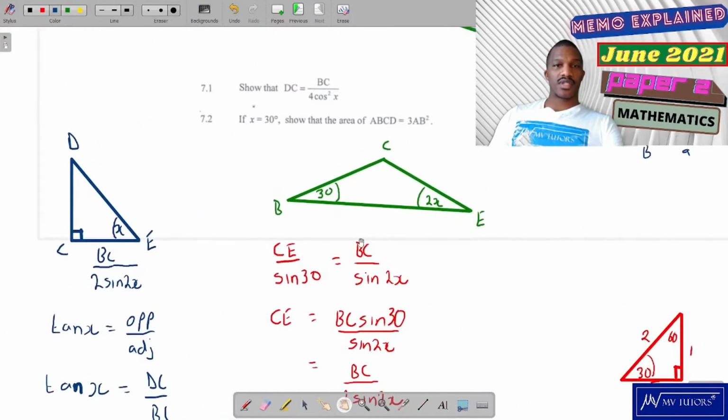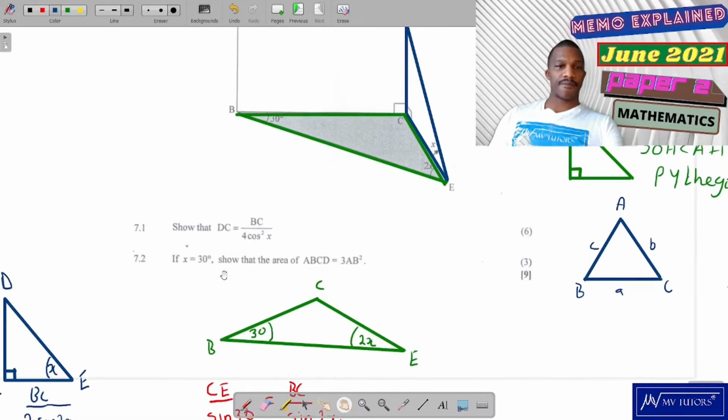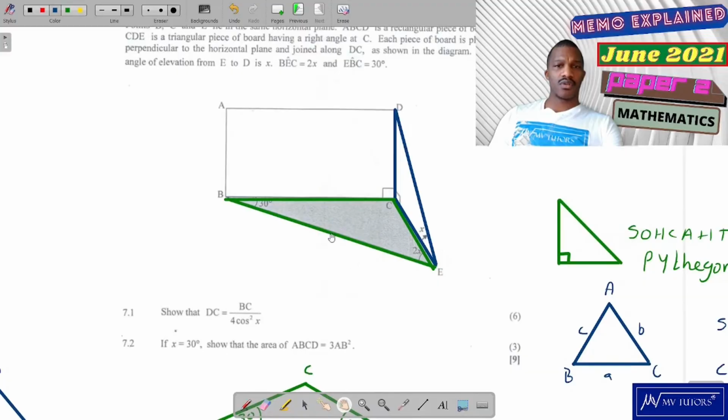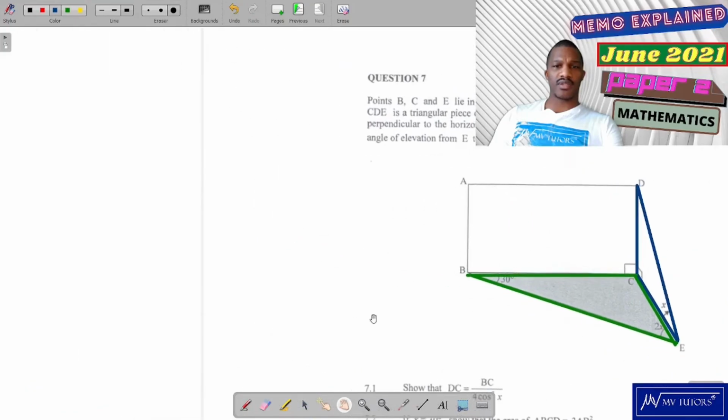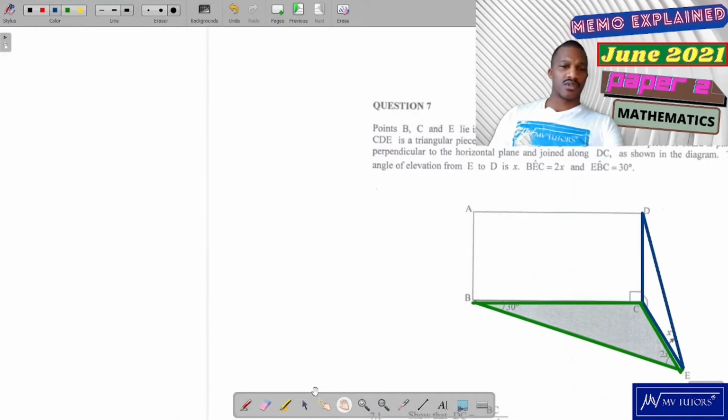Let's go check out this question now. Now they say, if x is 30 degrees, show that the area of ABCD is 3AB squared. Okay, so first of all, let's just solve for the area of ABCD as we would normally. I'm going to do it this side.